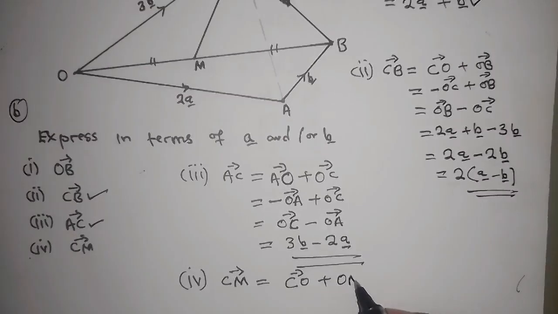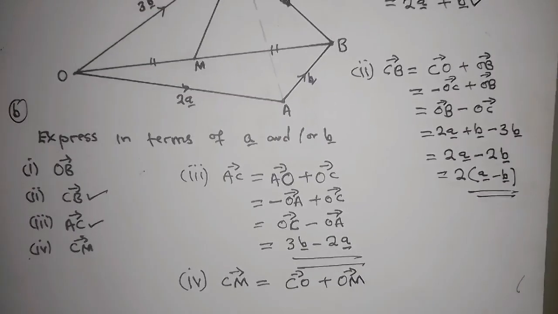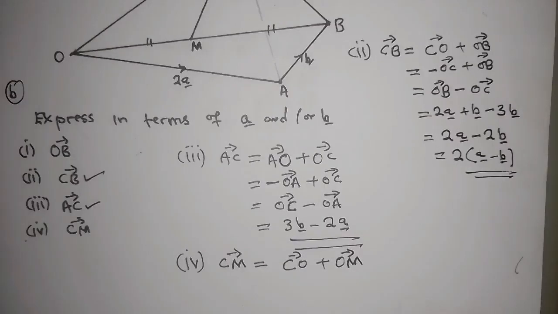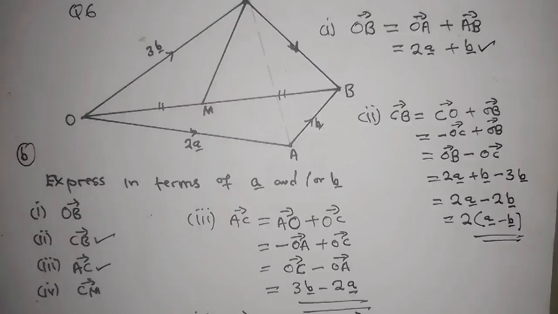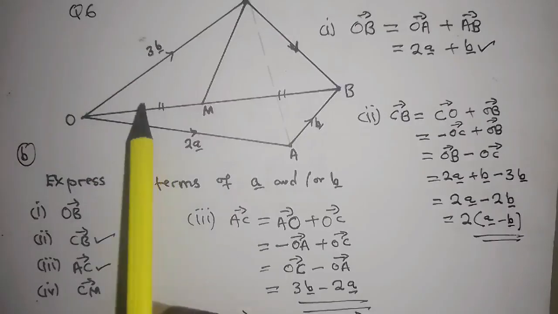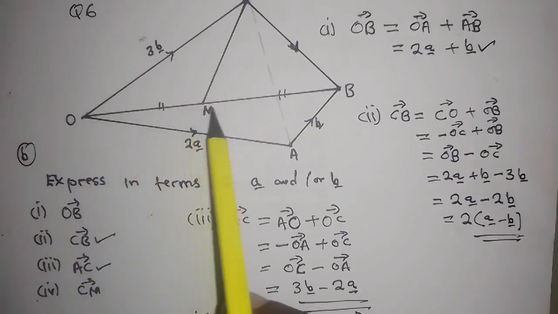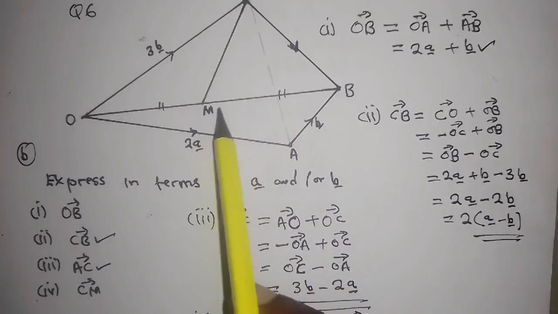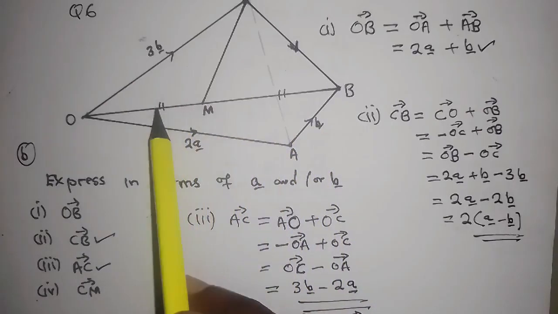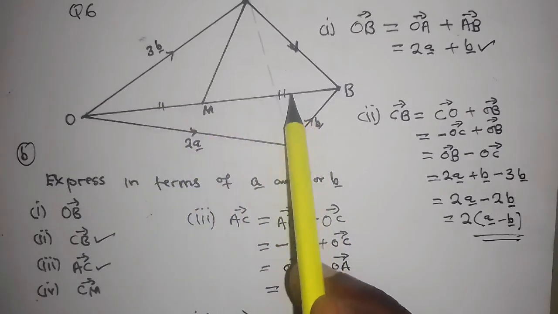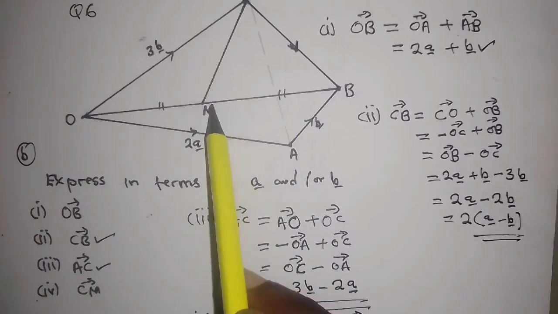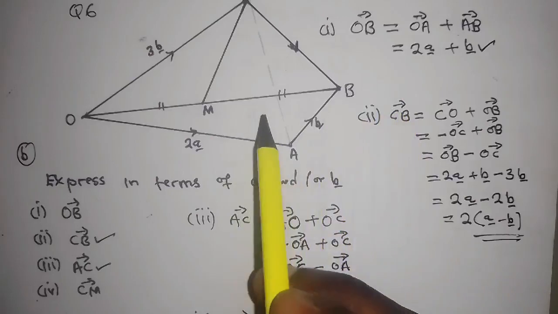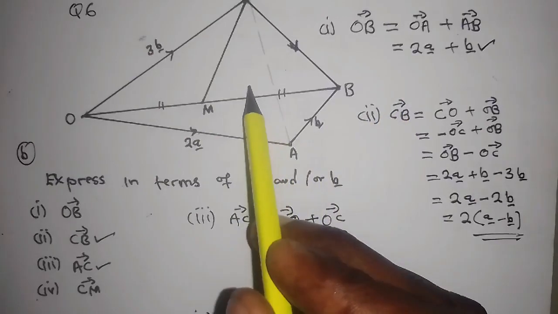So OM. Now when you look at OM, there isn't a vector, but we can utilize this line on which M is dividing. They have put these two marks to mean that the distance from O to M is the same as M to B. So this is something that you can call the midpoint.